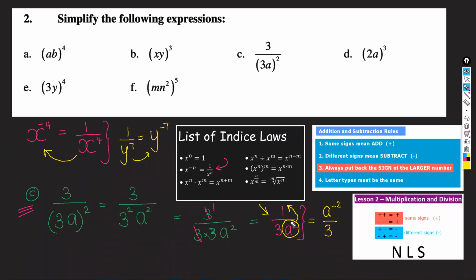A lot of people, when they grab the A, they just grab the 3 by mistake, and the 3 will go on top. No, you're grabbing the A squared alone, so the power changes to negative. This is also mathematically correct, but I would prefer if you left it at this point. Which one looks more pleasing to the eyes? Which one looks easier to deal with? The pink one. The minute you start to see negative powers, to me, students will start to shut down.